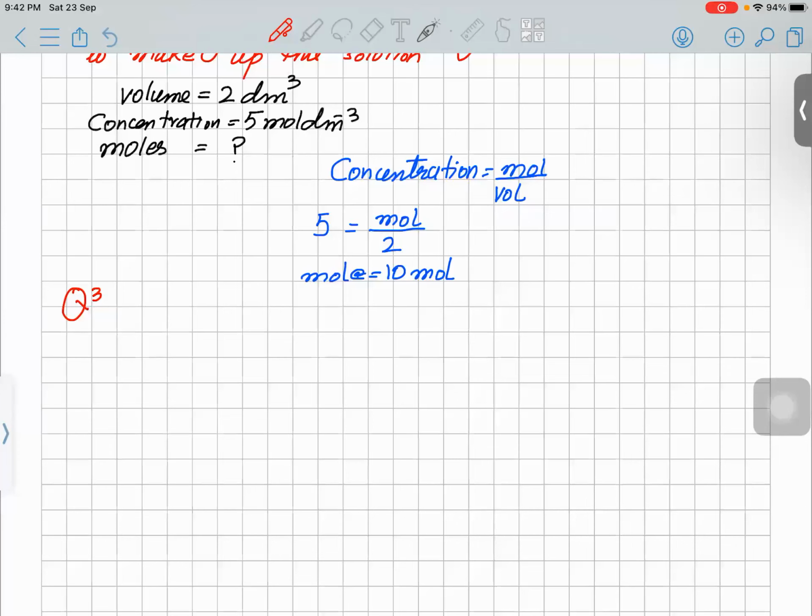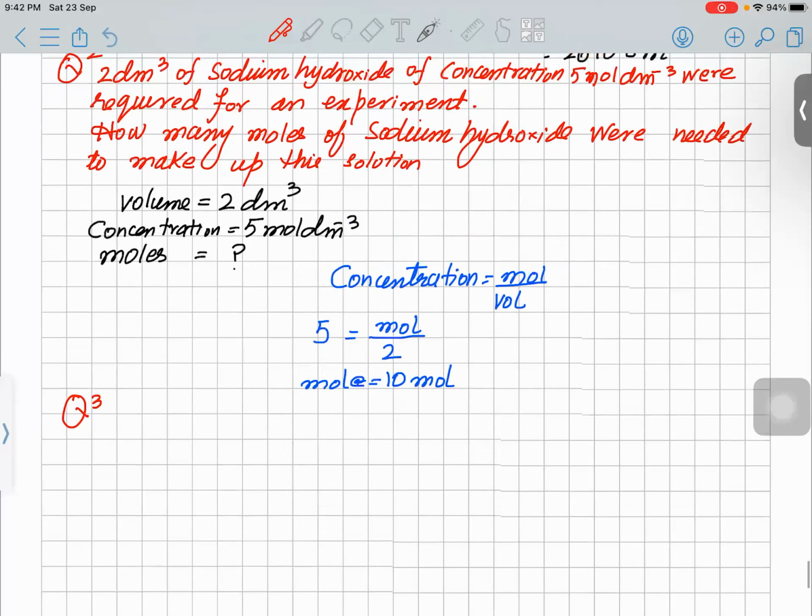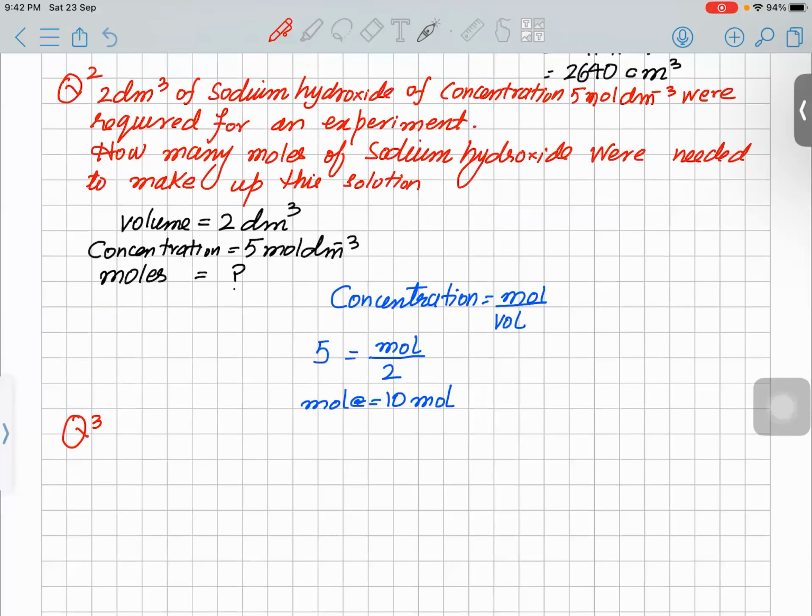Sir, but in the concentration, it was 5 mole dm to the power of -3. Why does it have a negative sign?